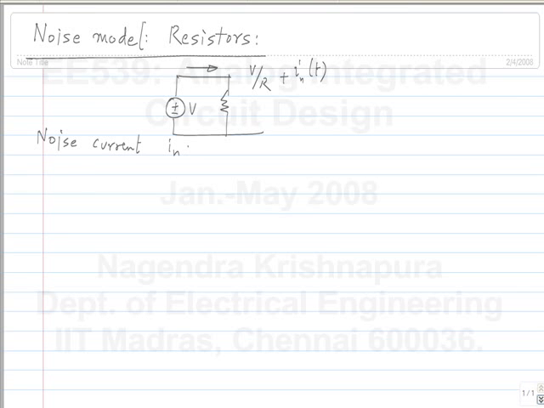And this noise current is such that it has zero mean. So if you do have a DC of V, the average current that flows is V by R. And the noise current at any two different times are uncorrelated.